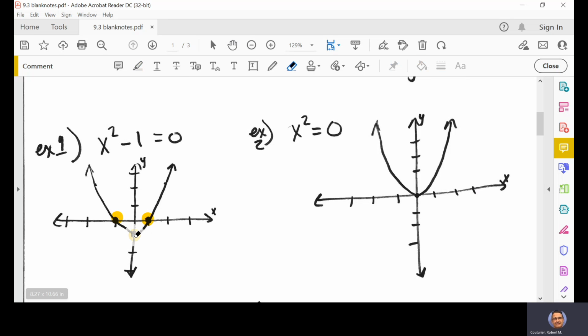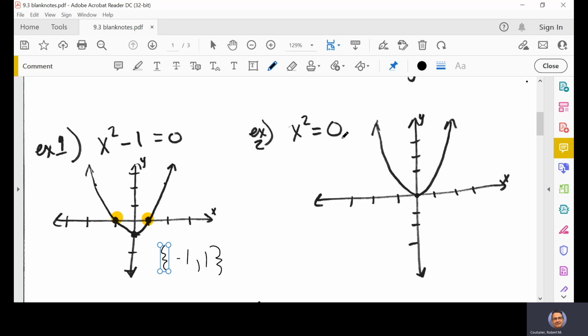We don't need anything else. We need those 2 points where the graph intersects the x-axis. Those would be our solutions, our roots, which would be -1 and 1. This has 2 solutions.